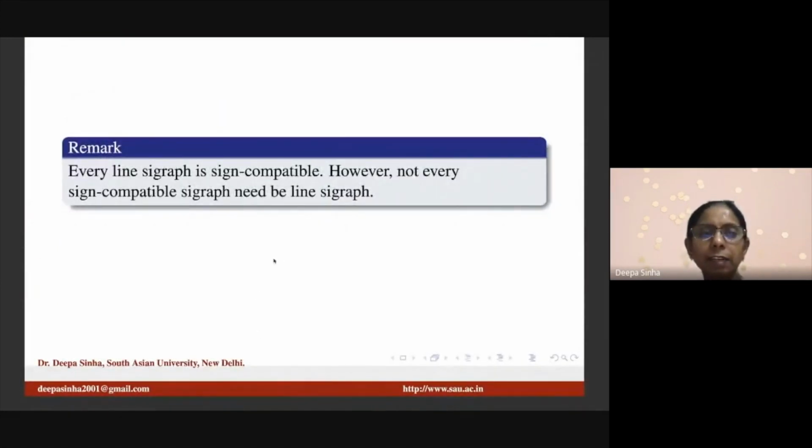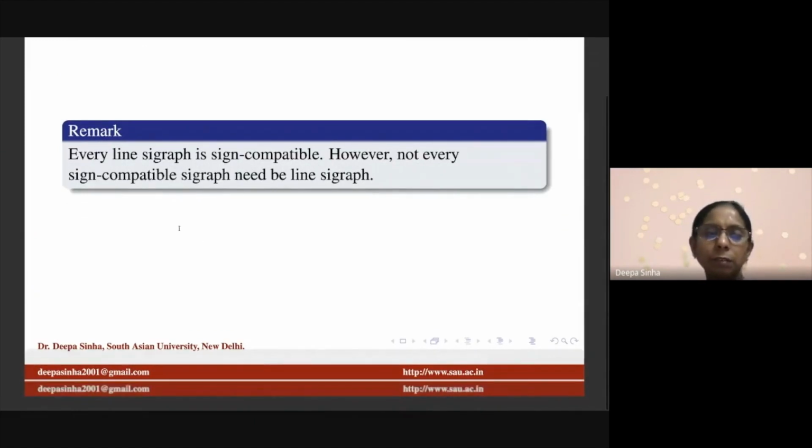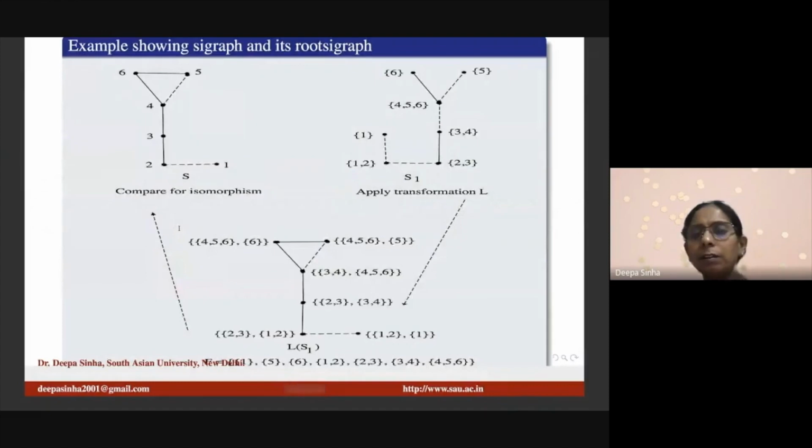Every line sign graph is sign compatible, but every sign compatible sign graph need not be a line sign graph. By this pictorial diagram, I am going to explain the characterization. This was the given sign graph. Its underlying graph, if I take all edges positive, is the line graph.